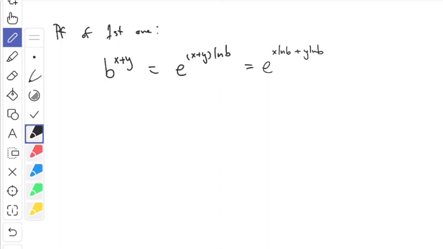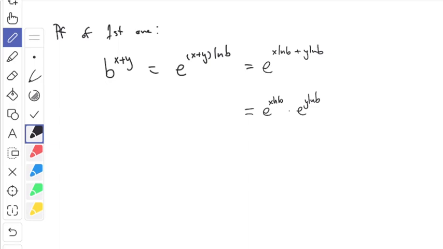And then, can we do anything with that? You got to remember, is there a rule about e, and then inside the exponent you have addition up there? What does that look like? Yeah, break it up. How exactly did we break it up? Yeah, times e to the x ln b times e to the y ln b.